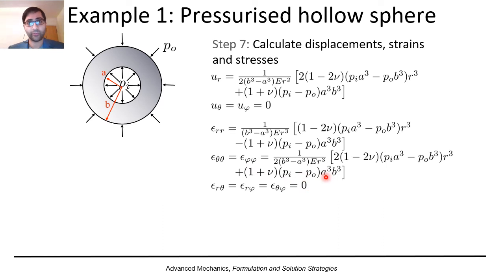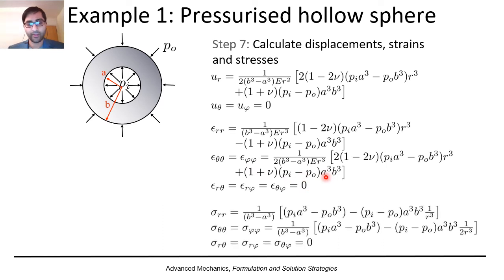We just again substitute A and B there, and also for sigma_rr, sigma_theta_theta, sigma_phi_phi, and off-diagonal elements, the stress tensors. So we just substitute A and B, and we find the displacement, strain, and stress relation everywhere as a function of r, theta, and phi.